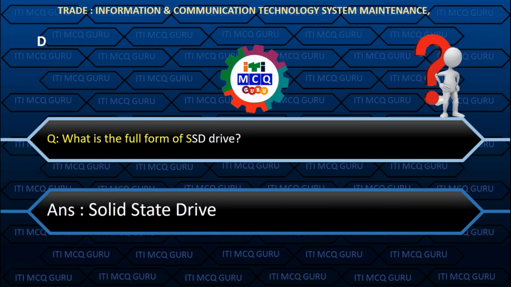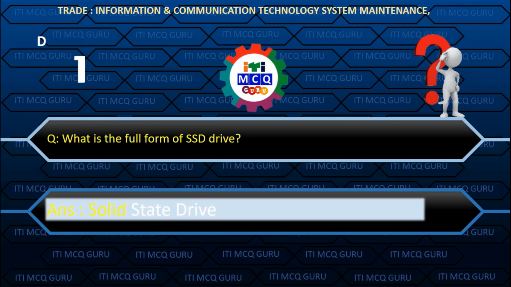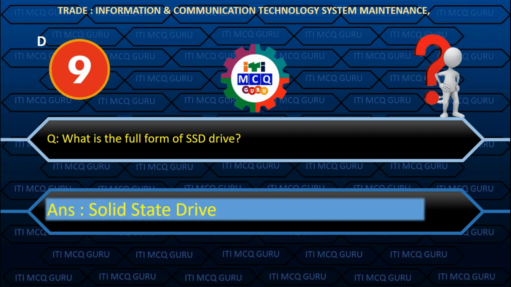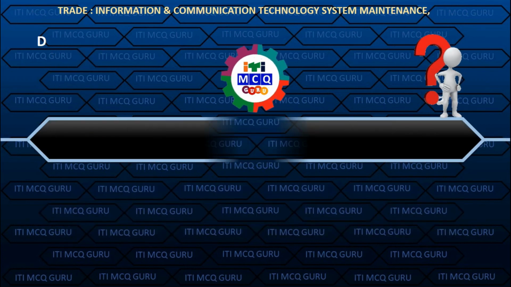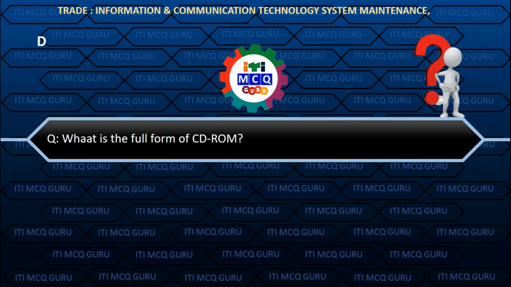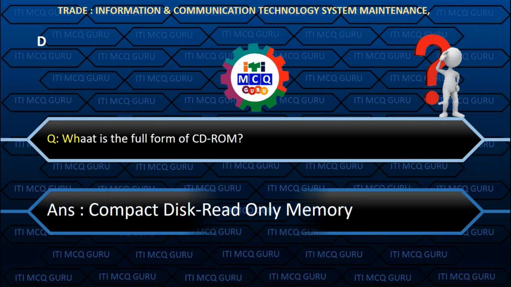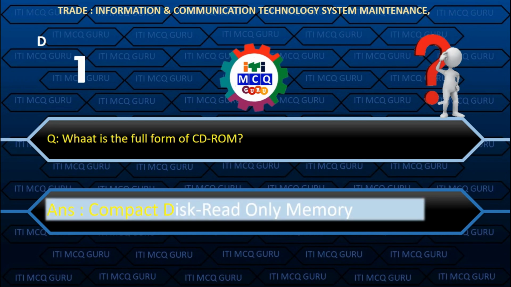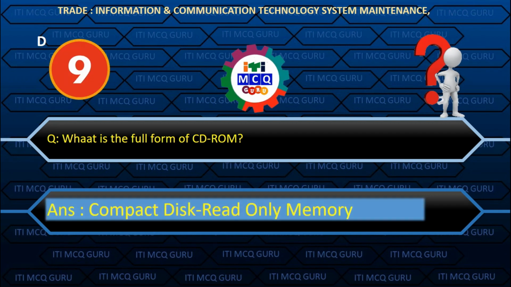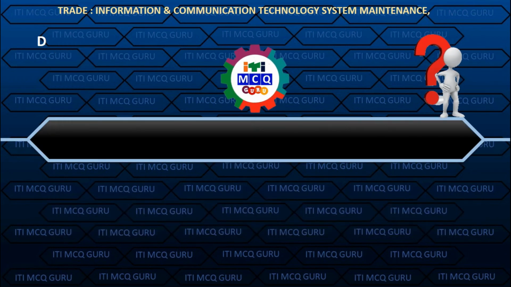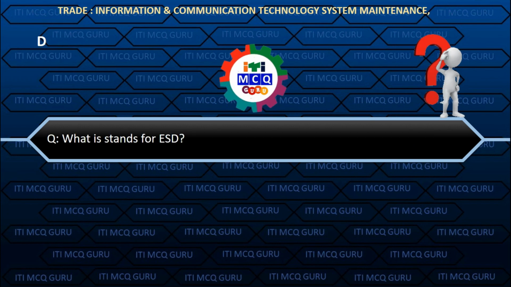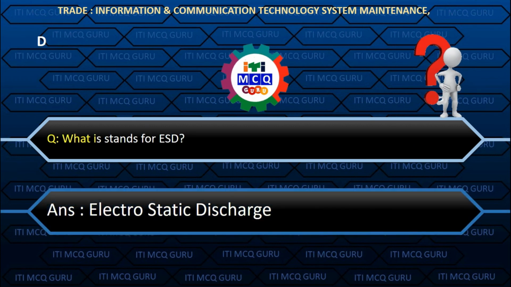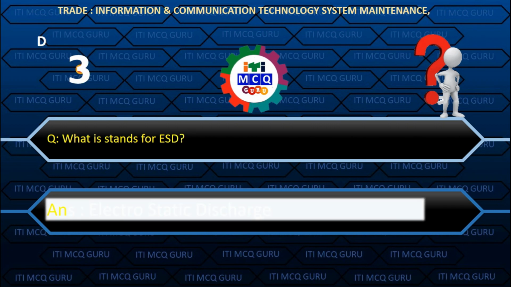Right answer, Solid State Drive. What is the full form of CD-ROM? Answer is Compact Disk Read Only Memory. What does ESD stand for? Answer is Electrostatic Discharge.